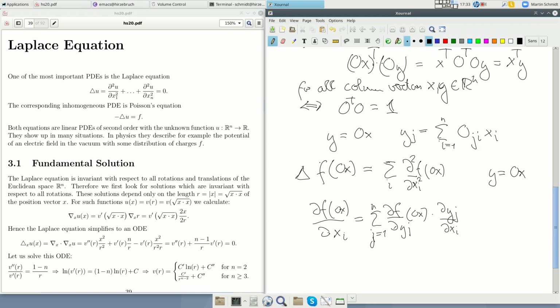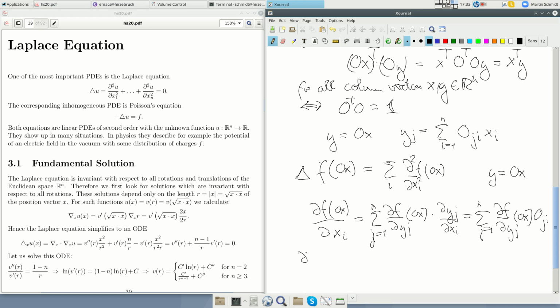Since this map is linear, this is just equal to the sum over j equals 1 to n of df by dy_j of Ox, times this matrix O_ji. So we have this expression here.